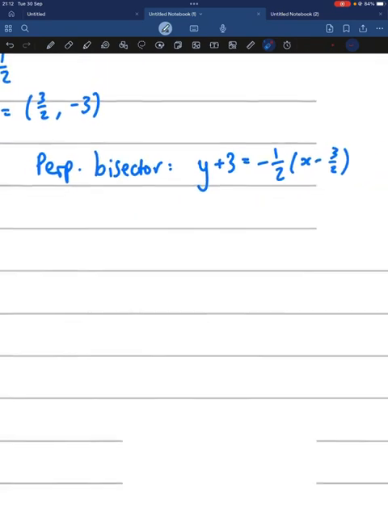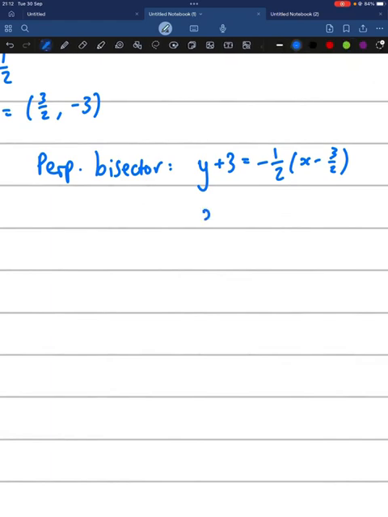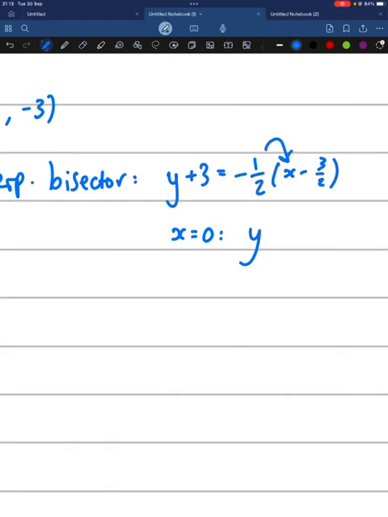Well, the y-intercept is when x equals 0, so we'll get y is equal to minus a half times 0, and minus a half times minus 3 over 2, which is 3 over 4. And then we're minusing the 3, so we get 3 over 4 minus 3, which is minus 9 over 4. So y is going to be minus 9 over 4.